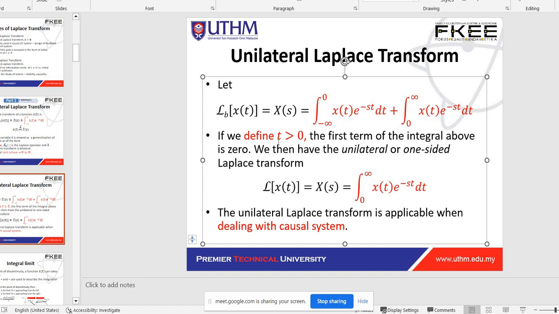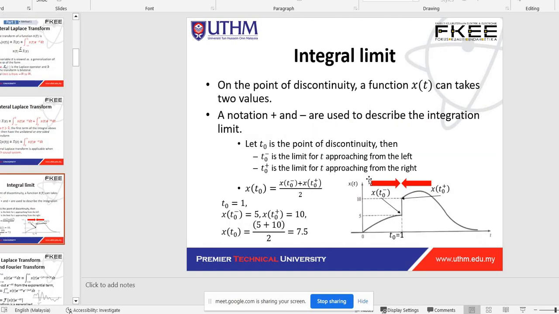So unilateral refers to t more than 0, that's why it ranges from 0 to infinity. Integral limits. On the point of discontinuity, a function can take two values, plus or minus. Later you need to test more than 0 or less than 0 for the limits as well. Later I will tell you what is meant by that.